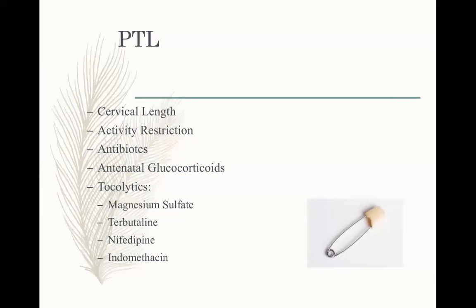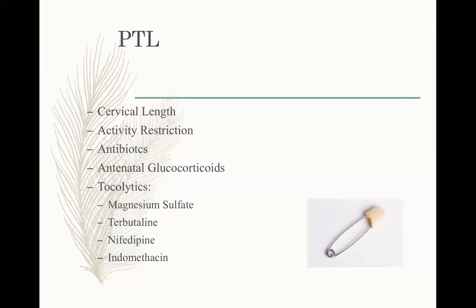It's called a fetal fibronectin, FFN. What I want you to know about the FFN is that it's a fabulous negative predictor of preterm labor. We do a sterile speculum exam and swab the posterior fornix of the cervix, and we test that, looking for fetal fibronectin.